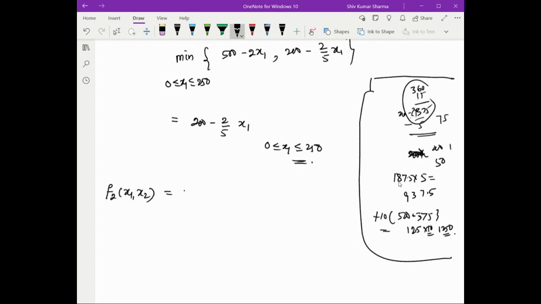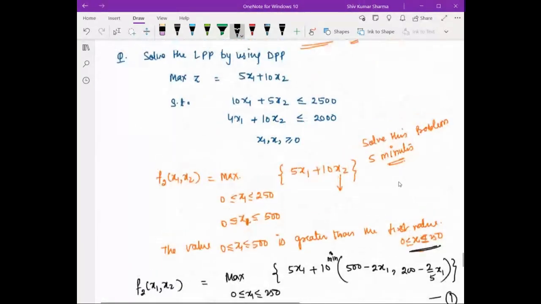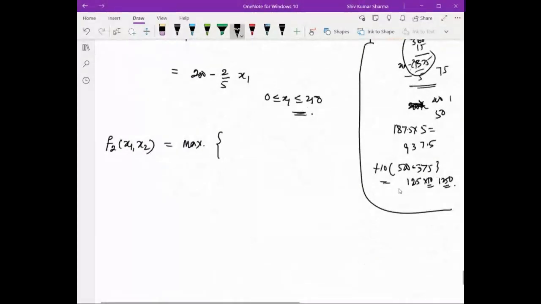So we put f(x1, x2) equal to maximum of 5x1 plus 10x2, where x2 is 200 minus 2 upon 5x1, if x1 lies between 0 to 250.